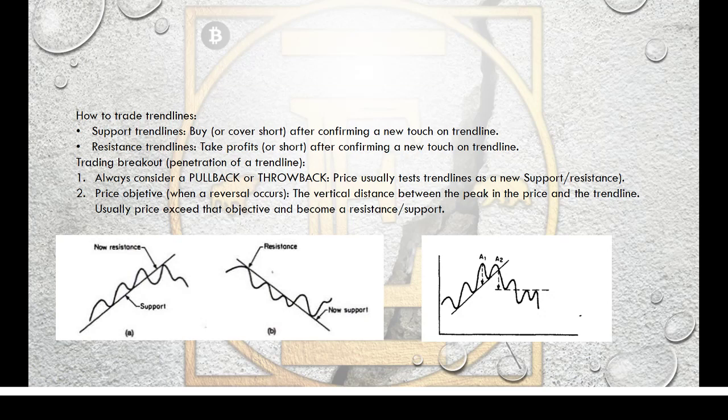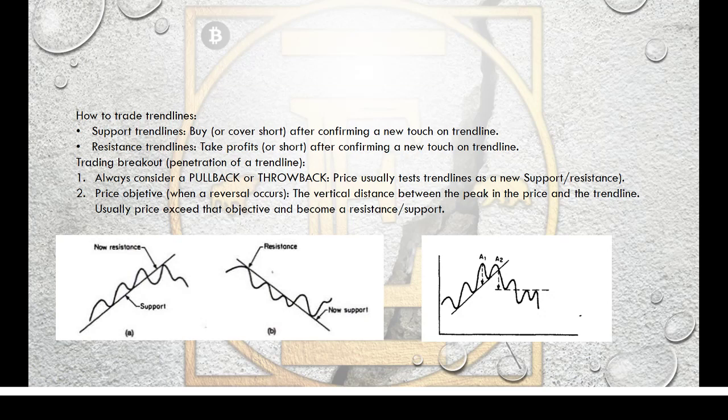And trading a breakout, it's the penetration of a trend line. You always need to consider a pullback or a throwback. It's not 100%, but usually price tests the broken trend line as a new support or resistance. And then the price target, when it's a reversal, is supposed to be the vertical distance between the peak in the price and the trend line.